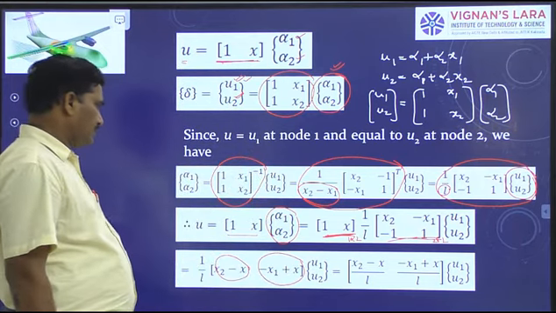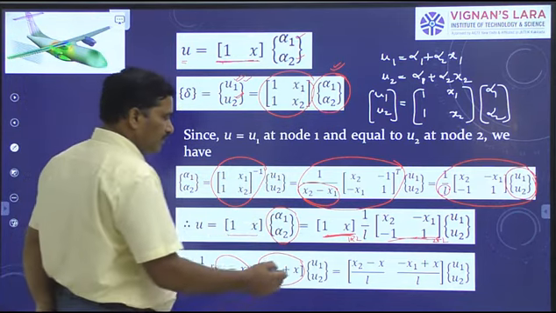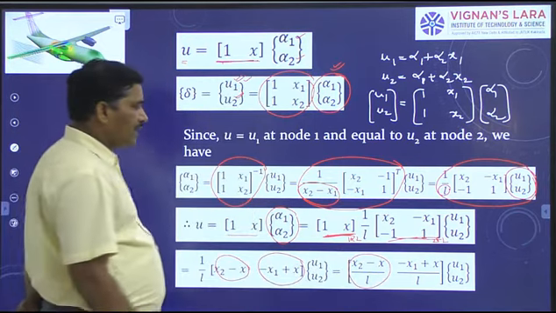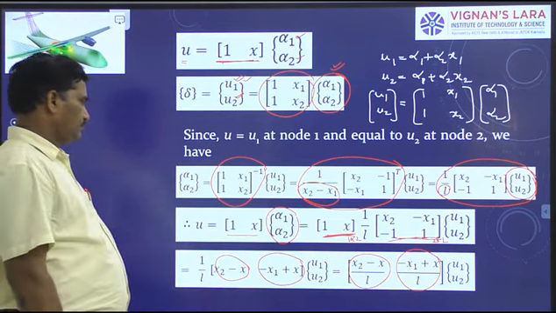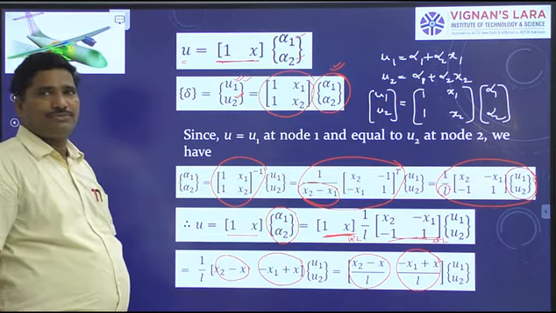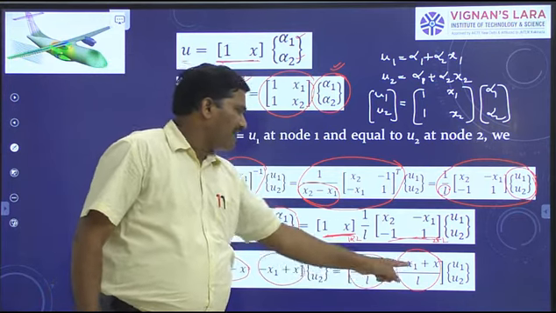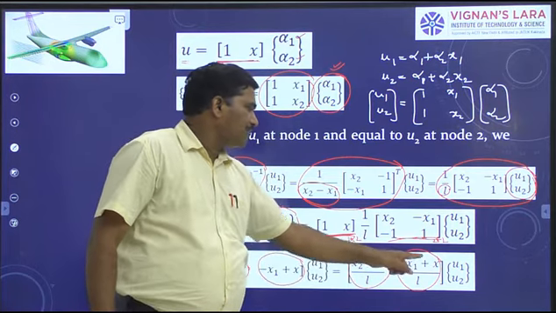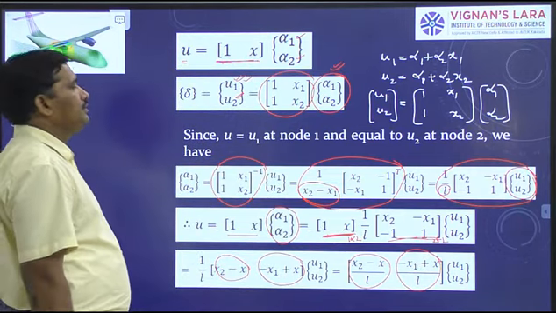Okay? Right. So now, if you take this 1 by L inside, then what do you get? x2 minus x by L, that is one element. And another element is minus x1 plus x by L. Therefore, what is the expression for the displacement u? The expression for the displacement u is equal to a row matrix having the elements x2 minus x by L, x minus x1 by L into a column matrix having the elements u1 and u2.